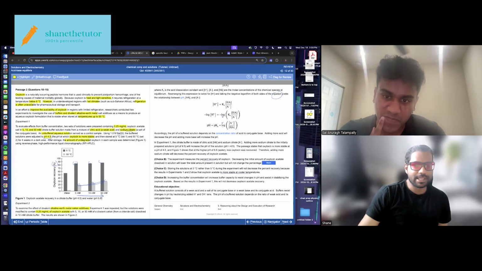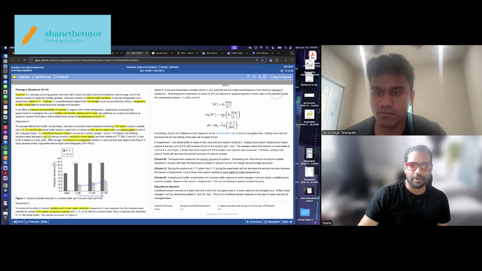Then B is exactly what I said with percent recovery. If you decrease the initial amount, sure, you'll have less present in the solution and less recovered, but the percent recovered shouldn't change, right? And then A is exactly what I said.